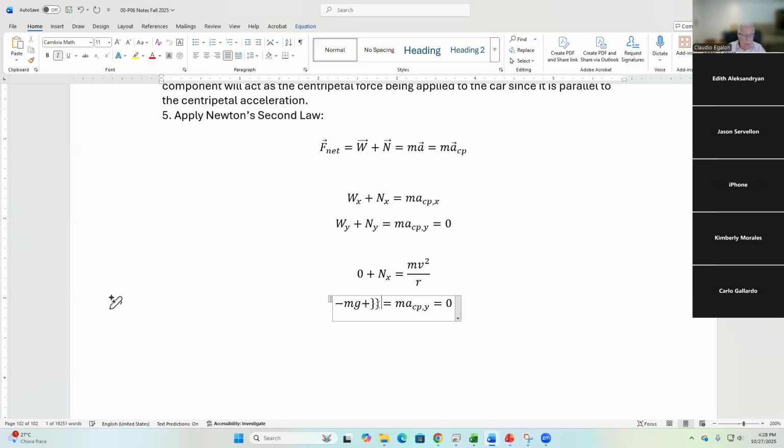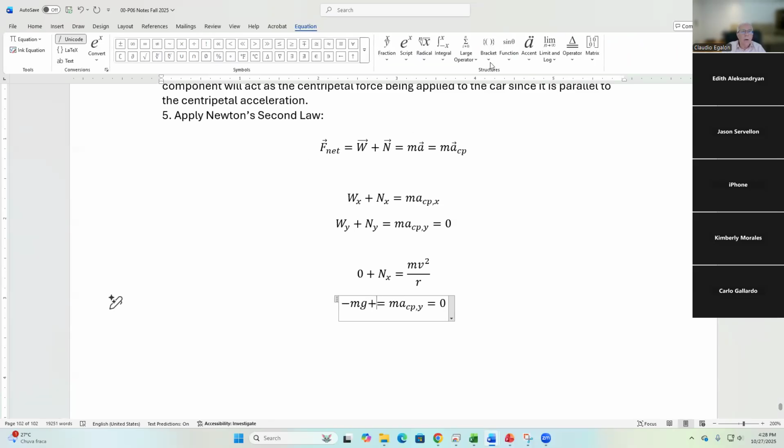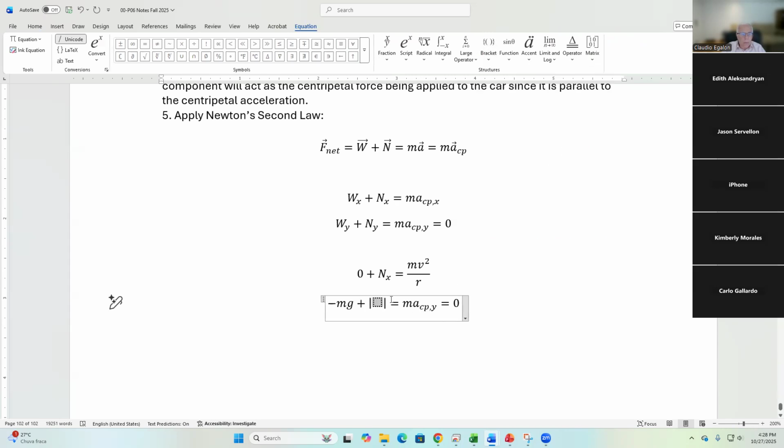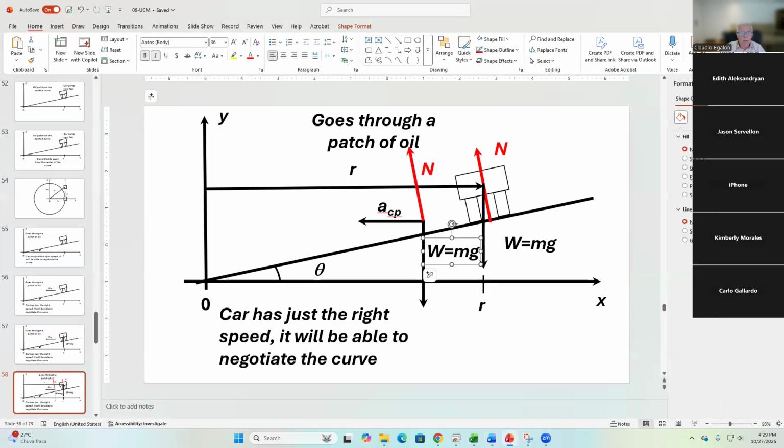magnitude, normal cosine of theta. Let's make sure it's cosine. Let's take a look here at the drawing.